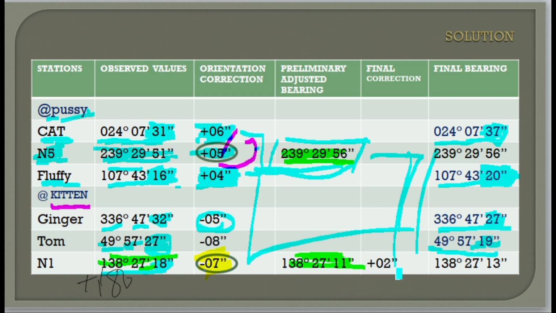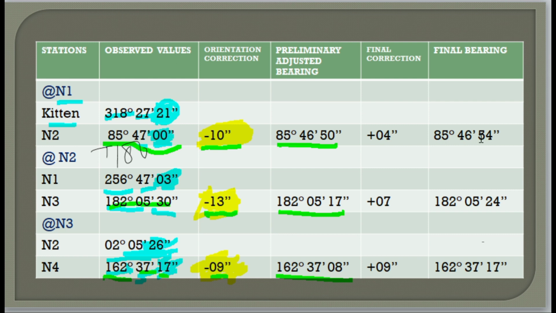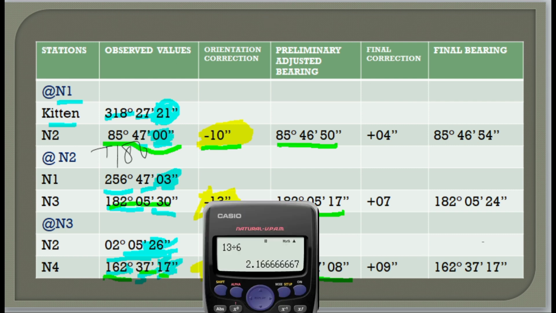So that is starting upwards on our first station there. You add the final correction there. Again you add 2.167 and you find the next final correction. You do the same to the next station and you find that will be positive 7 after rounding off.